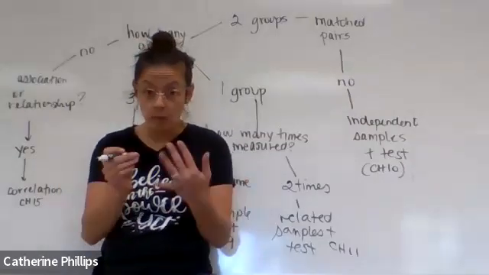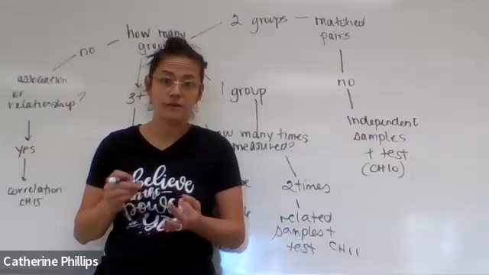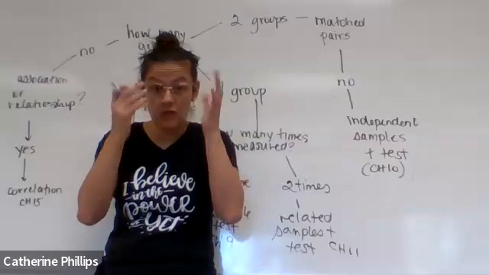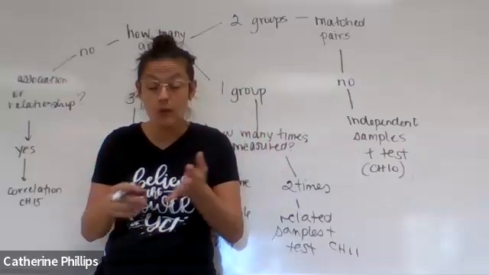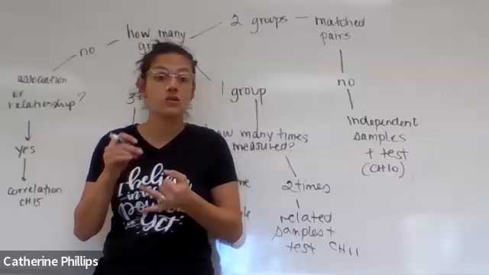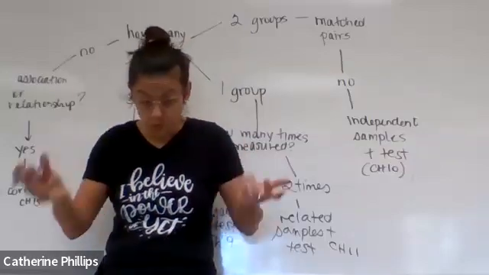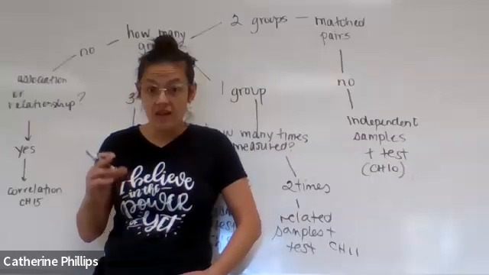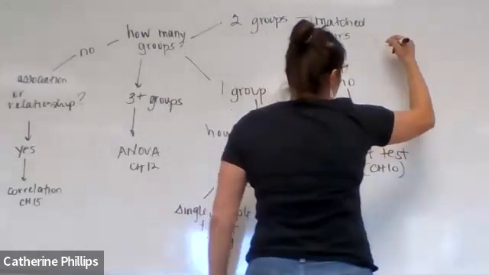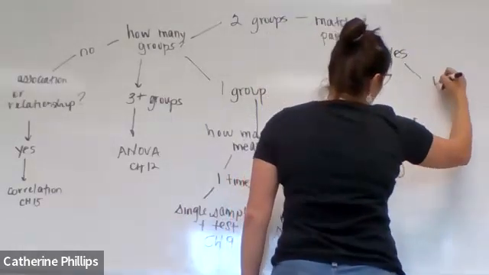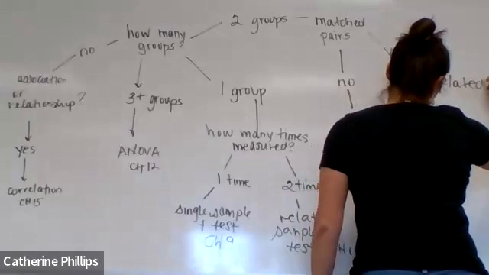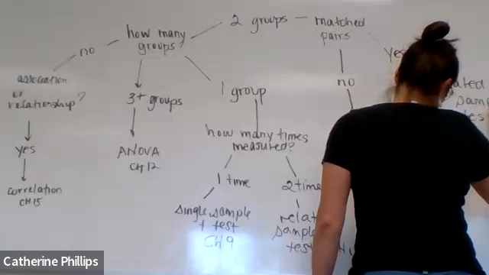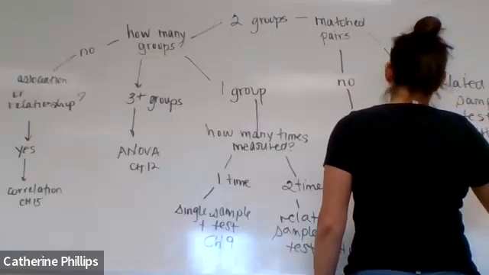The question will talk about matching and pairs, and there will be key words in the question telling you they were matched on age, and they were matched on gender, they were matched on whatever the question includes. Then, if the answer here is yes, then that's a related samples t-test. Which again is a chapter 11 question.